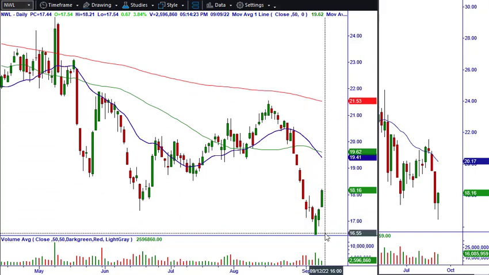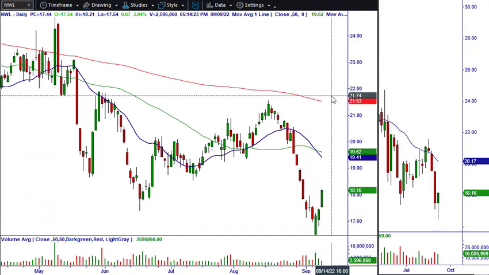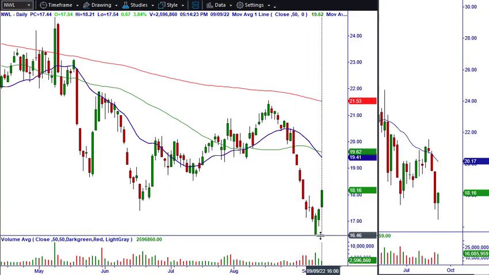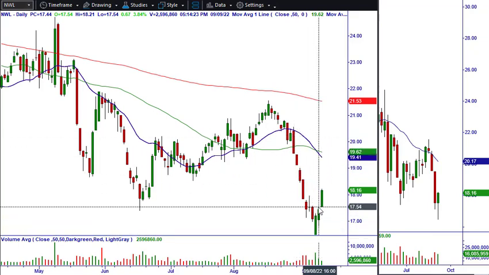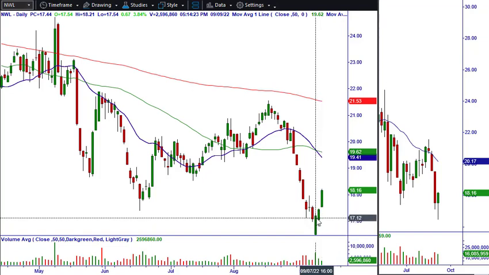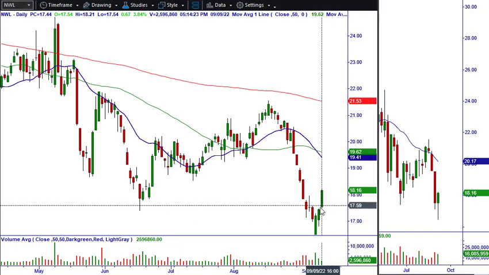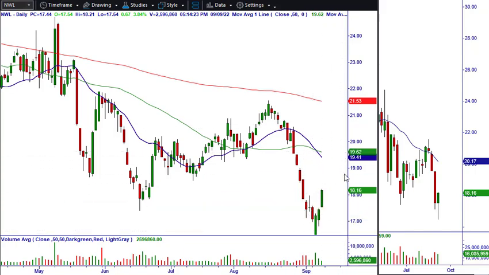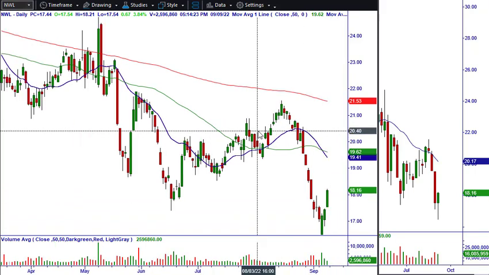It's like the Last of the Mohicans saying, I can't take it anymore. It's down multiple, what is that, 8-9 bars, and then you're gapping down on bad earnings, and there's no more sellers left, and it goes higher. So that's a bullish close on volume over the prior bar's high. You buy it, and that still looks like it's marching higher into the void.